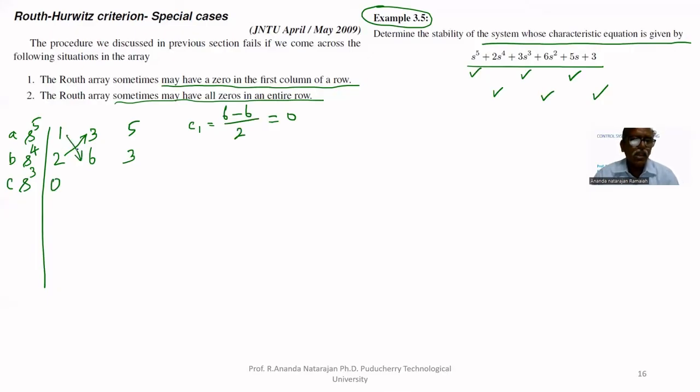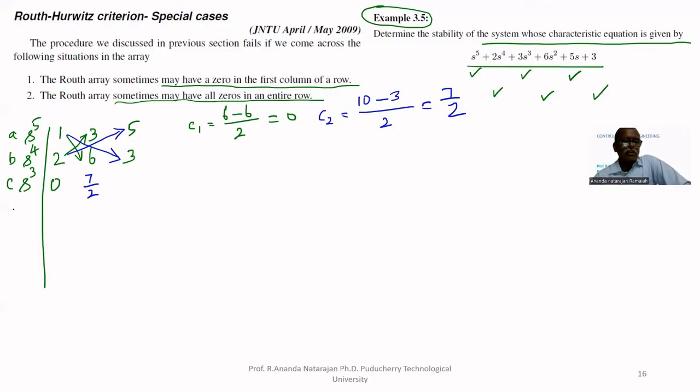Then C2 equals (2 multiplied by 5 minus 1 multiplied by 3) divided by 2, that is 10 minus 3 divided by 2, that is 7 by 2.